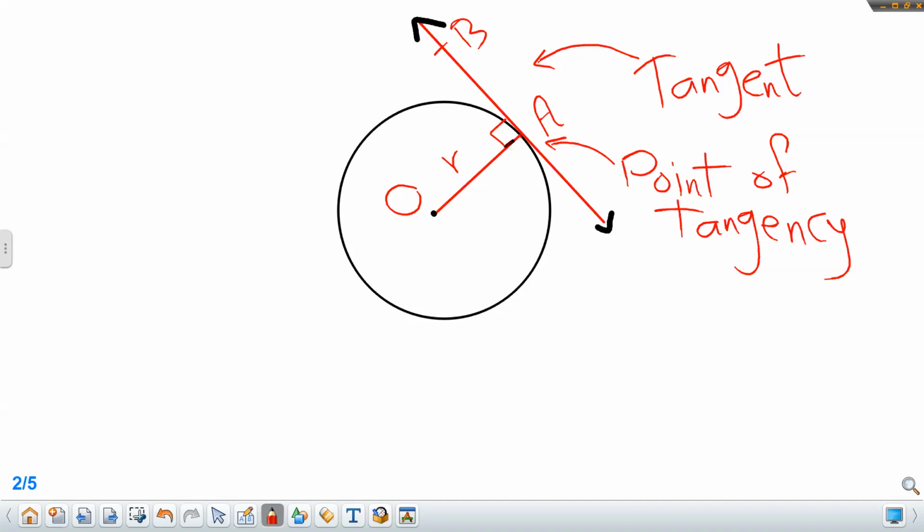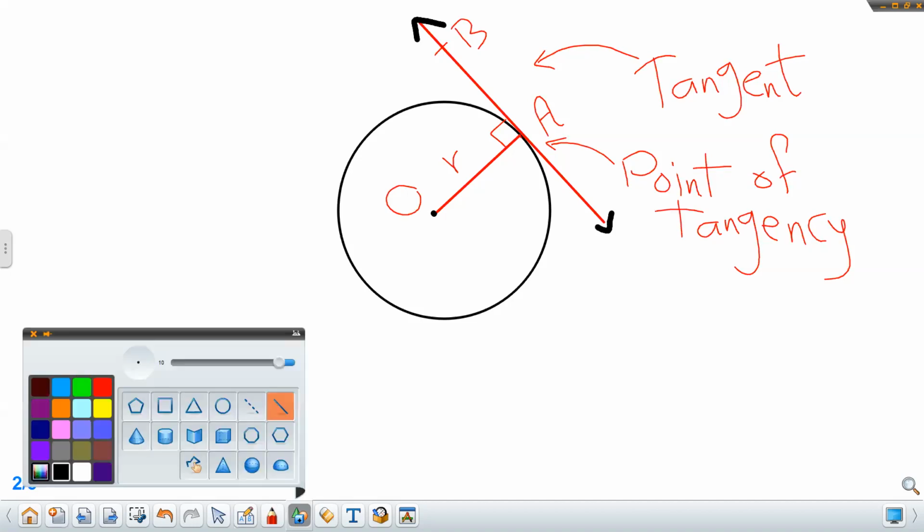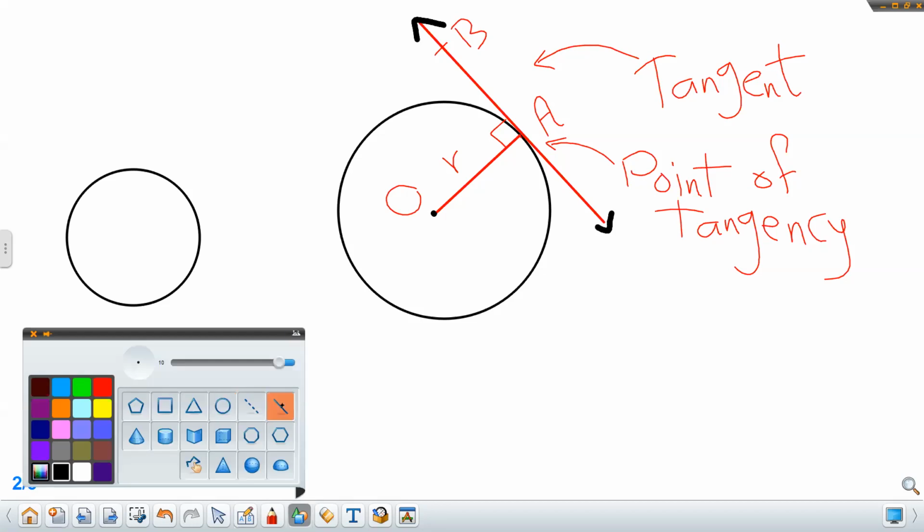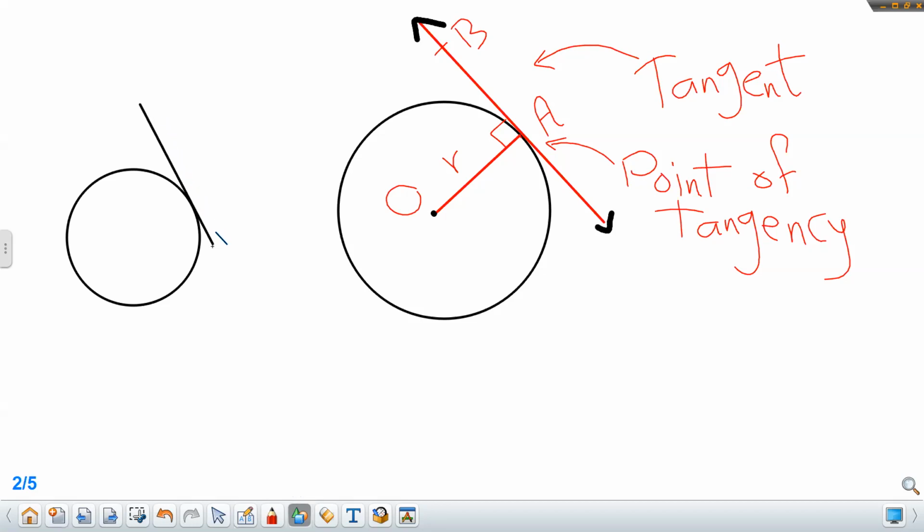Theorem number two: if you have a circle like this and a line like this, and you have a radius and the angle between them is 90, so this line, for example L, if L is perpendicular to this radius, then L is a tangent.